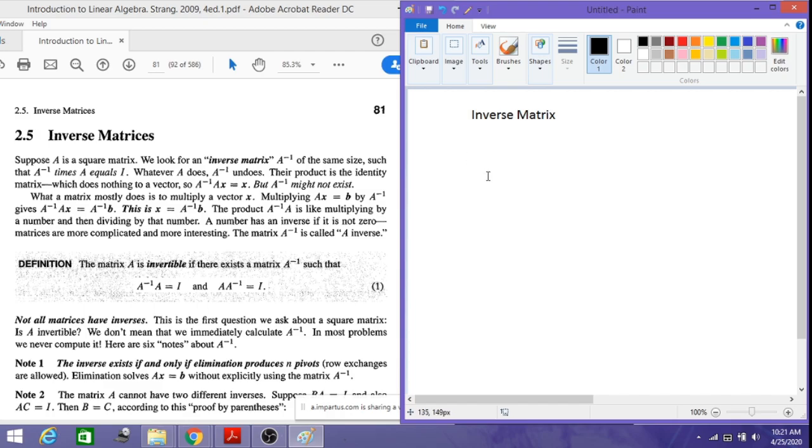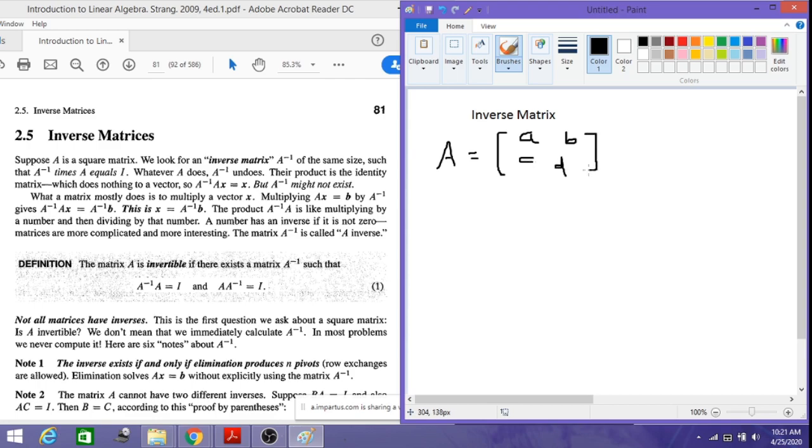I'll just tell you a simple example. We have a matrix A, a 2 cross 2 matrix, whose coefficients are a, b, c and d.